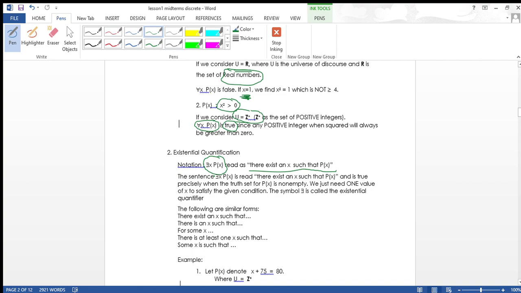Let me give an example using your section. Let P(x) be the students in discrete math that will still enroll during the second sem. If during the second sem all of you coming from the first sem would still be enrolled, then that becomes a true proposition.